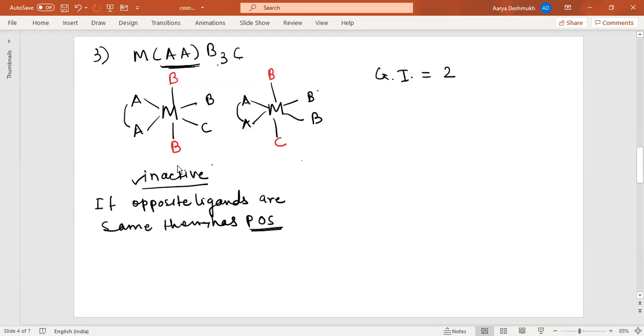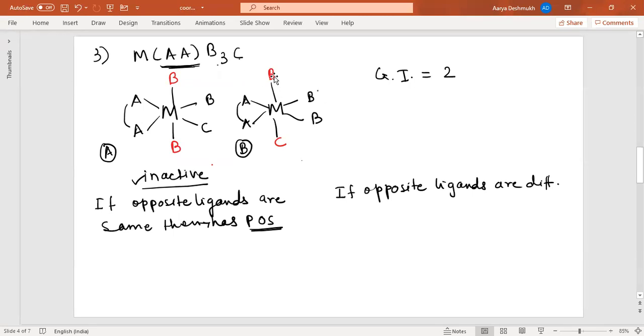Now look at this. This is structure 1, or I'll say A, and this is structure B. Now if opposite ligands are different, here this is B and here this is C, but it still has adjacent groups the same. Here this is AA and here there is BB. Such a complex also has a plane of symmetry.